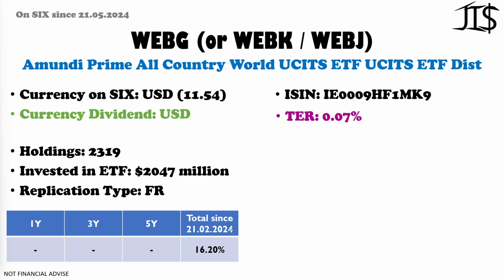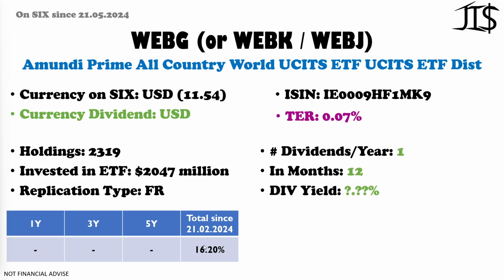And yeah, it's not around for over a year, so far it is up 16.20%. It pays out one dividend per year, probably in December, but this year we haven't seen one.